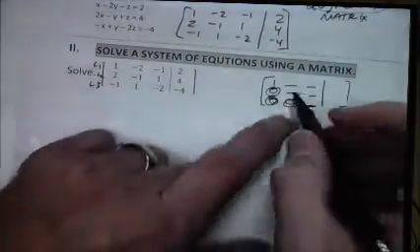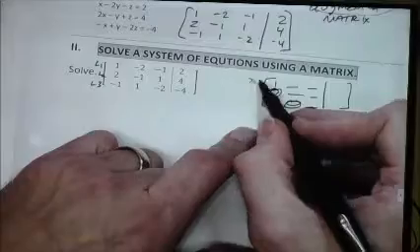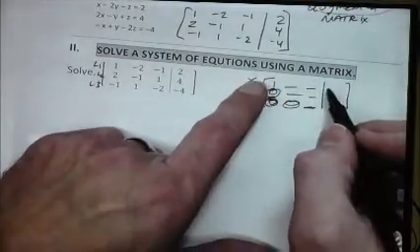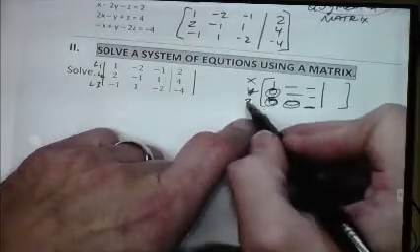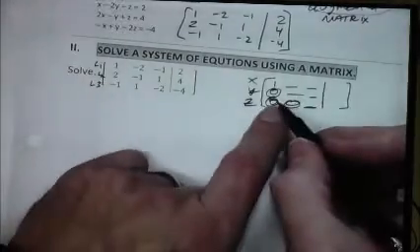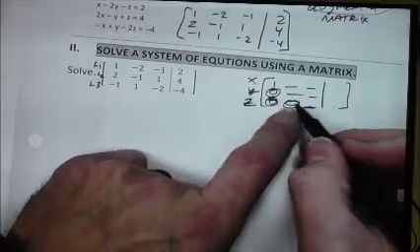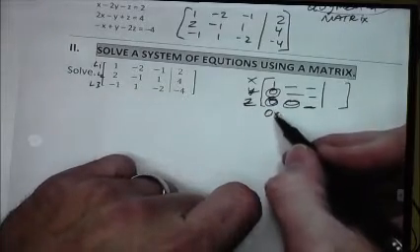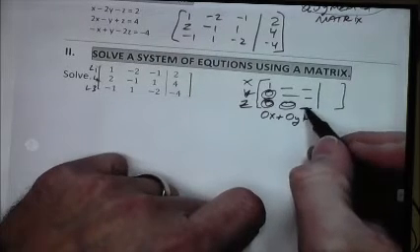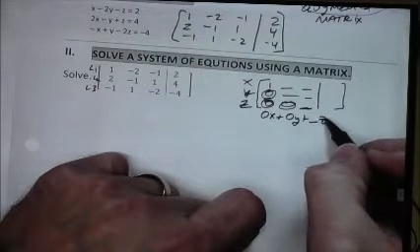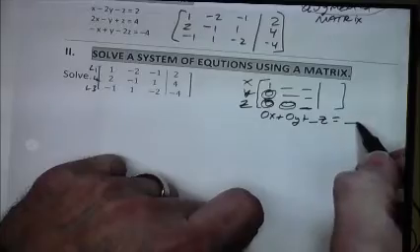When you do that, this line is for the x's, to figure out what the x is. This line is to figure out what the y is. This line is to figure out what the z is. Now, if that's 0 and that's 0, that means this is 0 times x plus 0 times y plus whatever this is times z equals whatever this is.